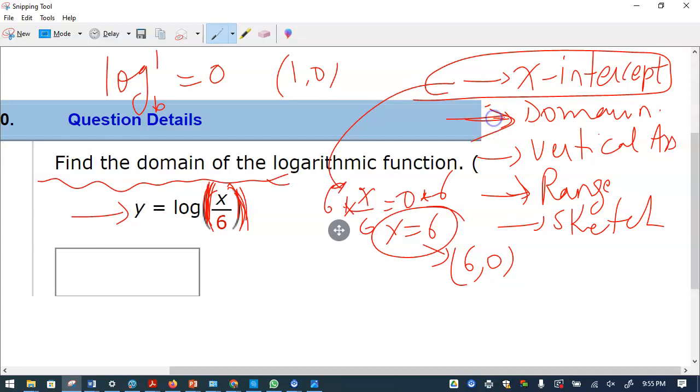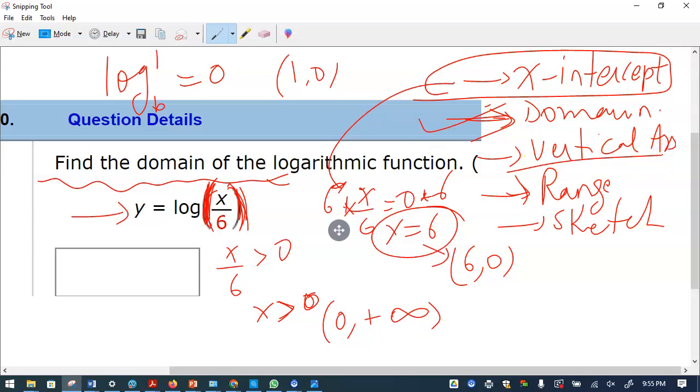Second is what is the domain? The domain is that the inside of the parenthesis should always be greater than 0. So that's how you start. But then it goes back to x greater than 0. That means everything more than 0, and then everything higher, so it becomes plus infinity. That becomes the domain. To find the vertical asymptote is very easy. Whatever this part is, greater than 0, you just put an equal sign.